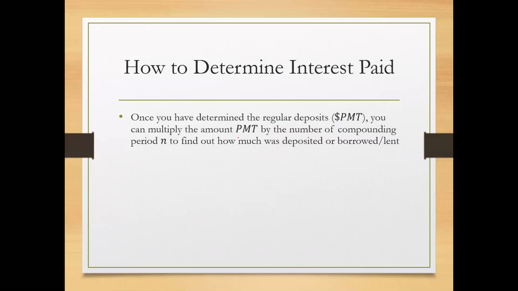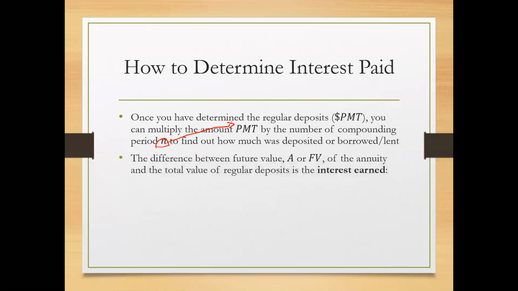Once we know what the regular payments are, we take the number of payments that we make, which is N, and multiply by the actual payment. Then we simply subtract that off from the future value.